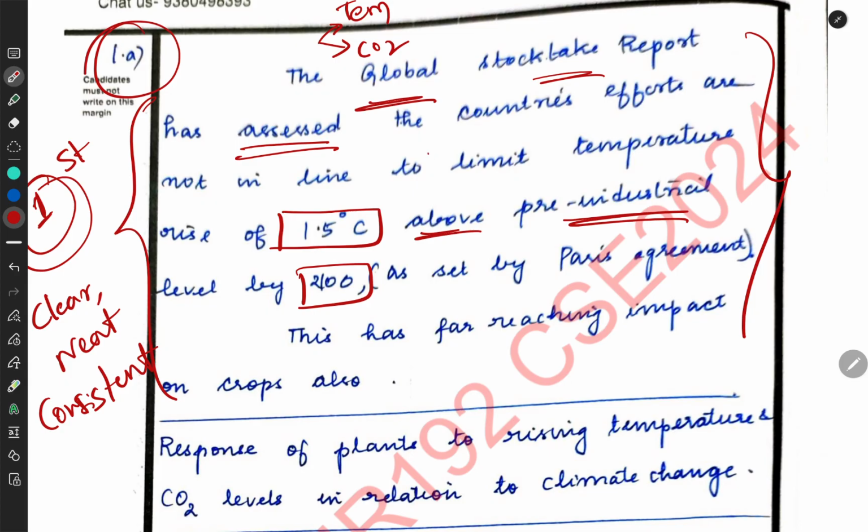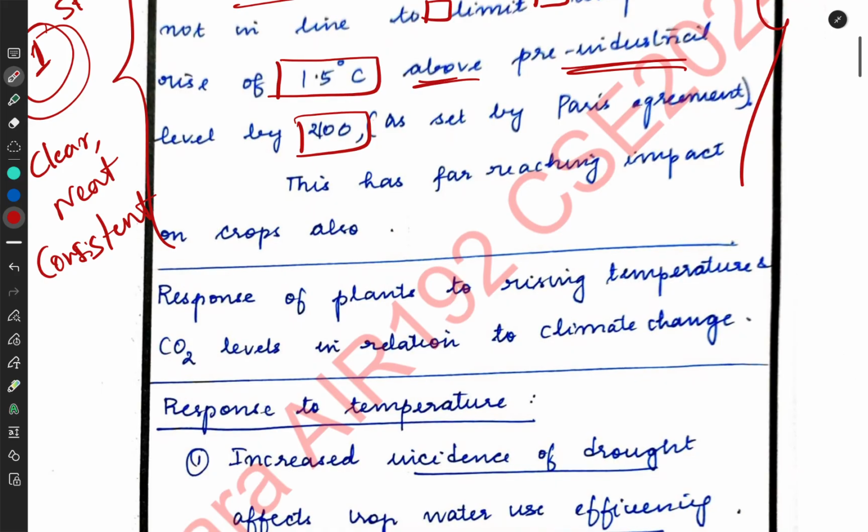And there is a proper space between the words. How does it help? This lets the examiner read it very quickly, and they will definitely appreciate it. That is the first plus point.